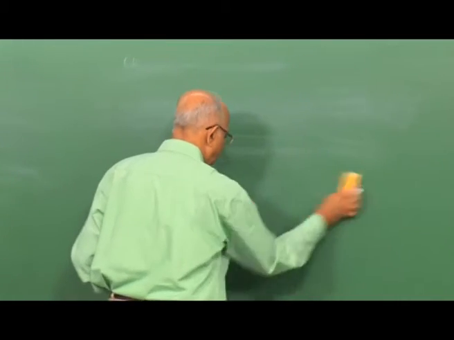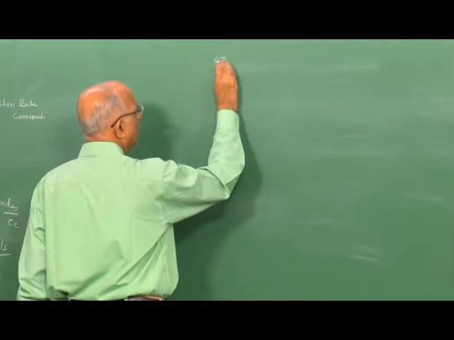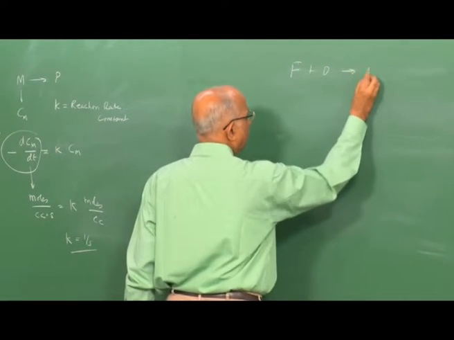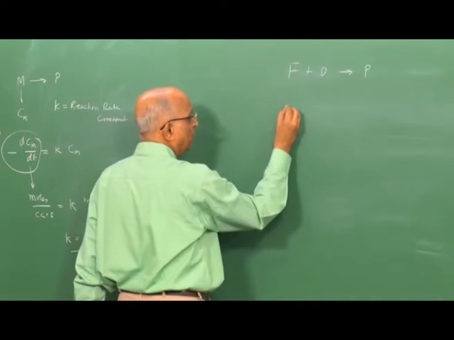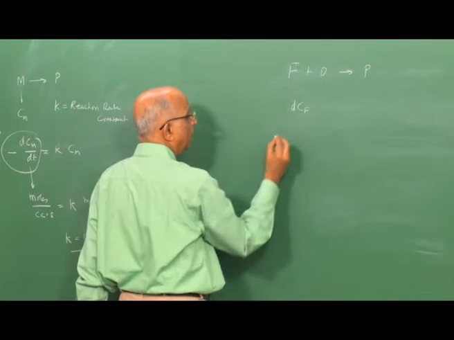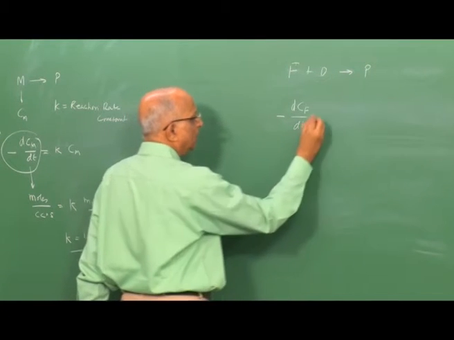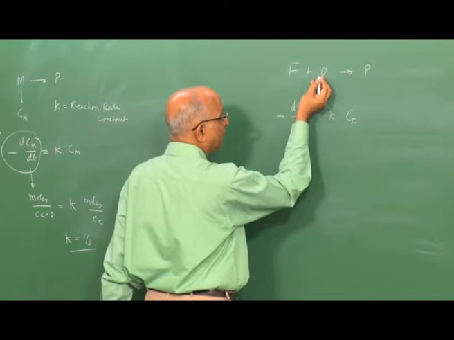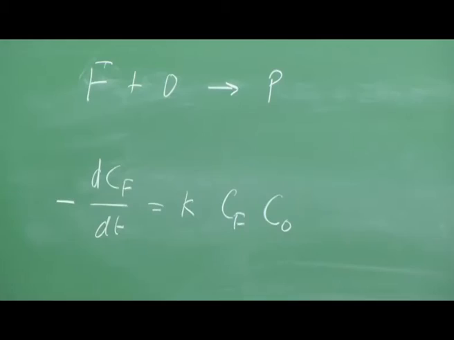I need to be a little cautious here, and therefore, previously I have been considering fuel plus oxygen or oxidizer gives me products, and now I am interested in the rate at which fuel is getting depleted. Well, the rate of a reaction is minus d concentration of fuel by dt, and in this case, it is equal to K into concentration of fuel. Well, the reactants are fuel and oxygen, so I consider the concentration of the oxygen.